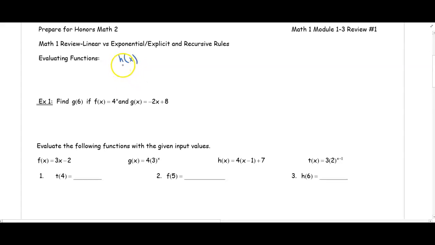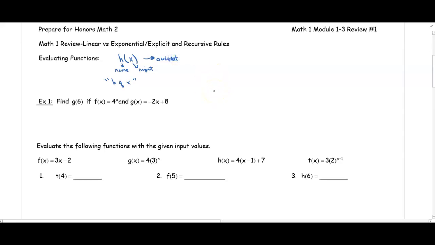I read this as h of x, meaning the name of my function is h, and x represents the input value. Once we input something, that produces an output.